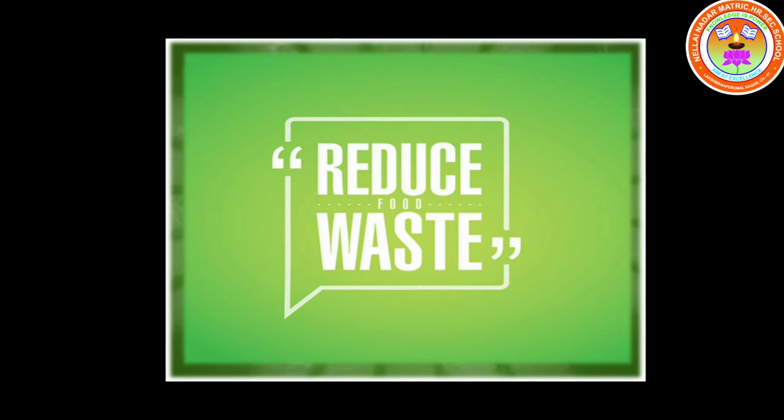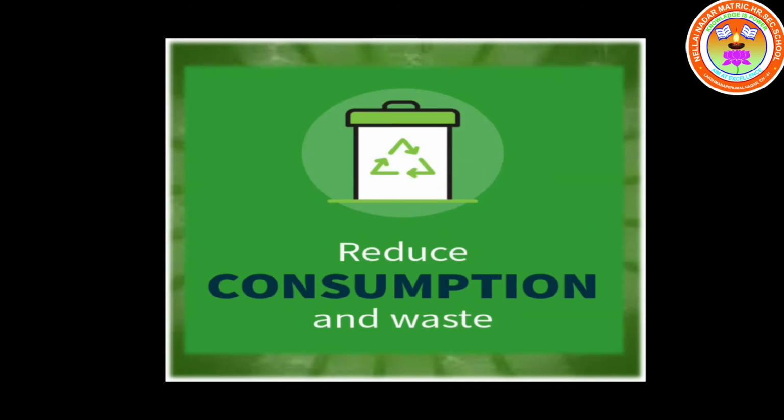Example, write on both sides of paper instead of unnecessary printing, using electronic facilities, etc. Share newspapers, magazines, and other things with others. So these are the methods we can reduce the waste. So we have to reduce the consumption and the wastage.